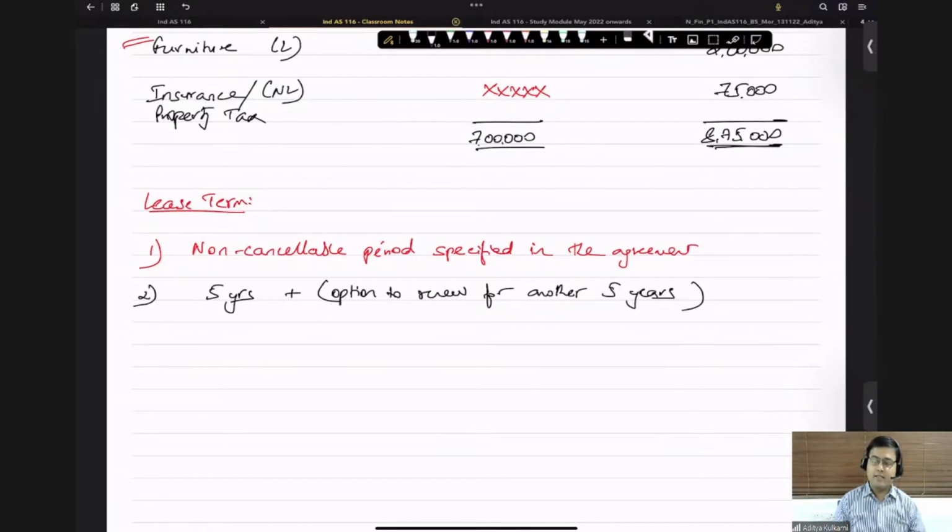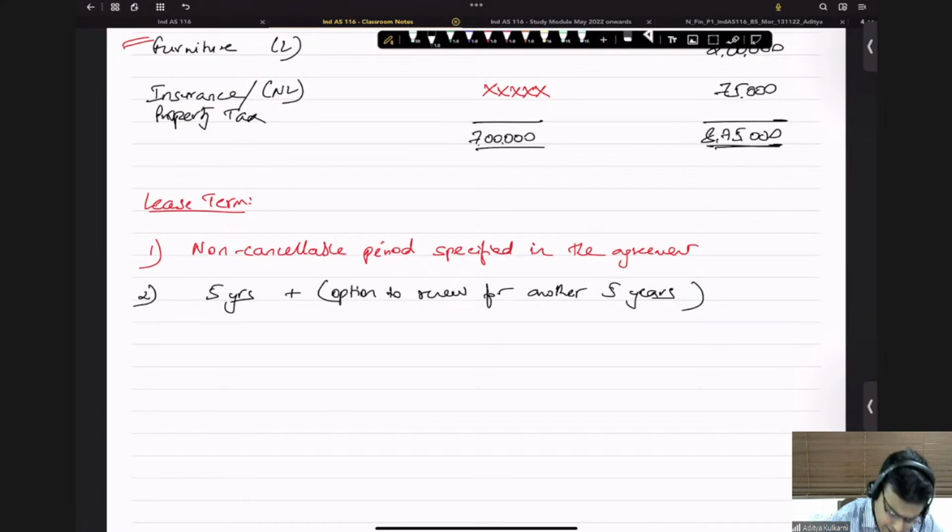Now the question is, what will your lease term be? Will it be 5 years or will it be 10 years? And now the standard proceeds to give guidelines for this.